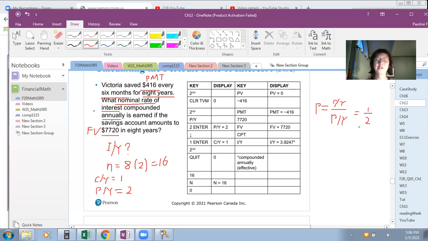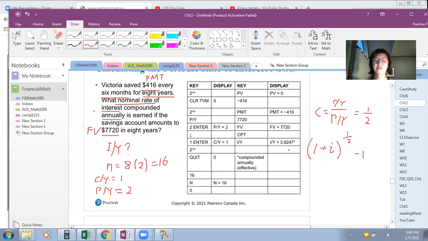Remember the formula for P is 1 plus I raised to power C, minus 1.